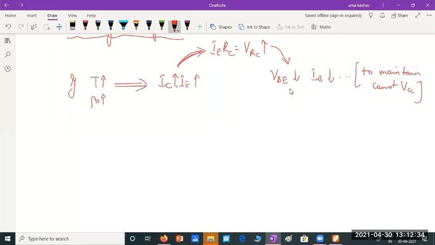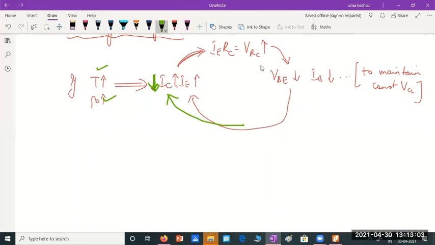So what happens if IB decreases? If IB decreases, it automatically causes IC to decrease. So if at all IB decreases, it causes a decrease in IC. So IC, which started off to increase because of temperature or beta, is now brought back to its earlier value, or it is decreasing.